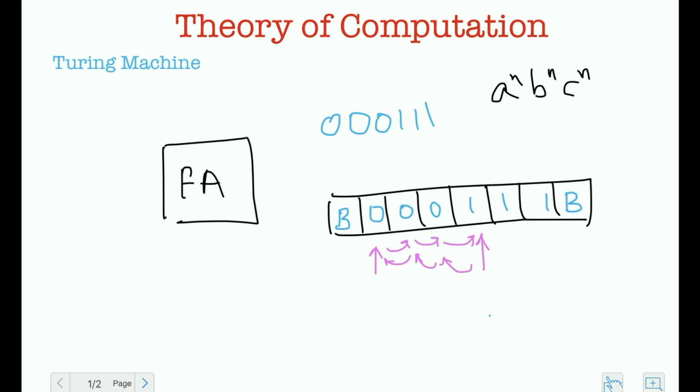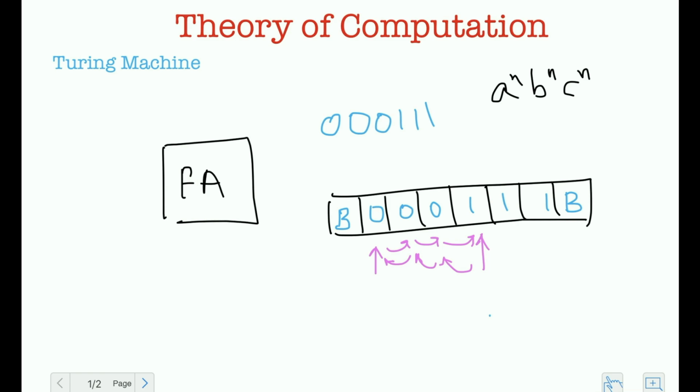When this becomes read-only, we are allowed to move in both directions on the input, but we can't really write to the tape. This is actually given a special name. It's called a 2DFA, a two-way deterministic finite automaton. And the expressive power that this gives us is exactly equivalent to what a deterministic finite automaton gave us.